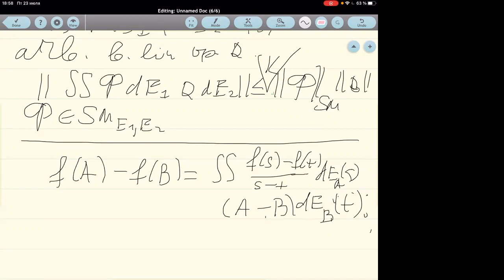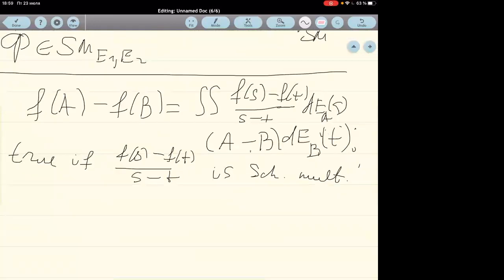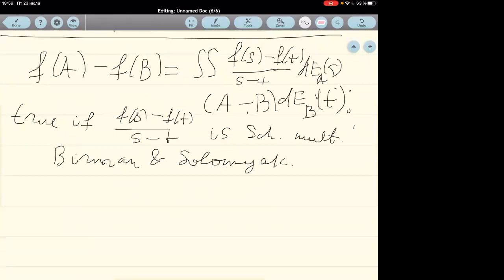Actually, it turns out that this formula holds if f of s minus f of t over s minus t is a Schur multiplier, actually with respect to all possible spectral measures. And this was observed by Birman and Solomyak. Then in this case, f is operator Lipschitz.